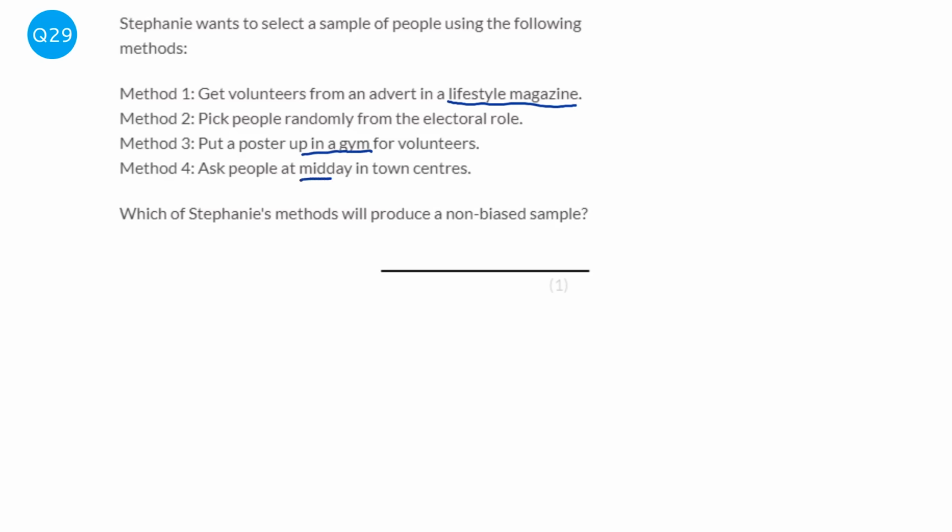And midday in town centres, well, it might be on a school day, or it might be that you are skewing your data towards retired people. There's lots of reasons why a certain group of people won't be at a town centre at midday. The only one here that gives everyone an equal chance of being picked is this one here.